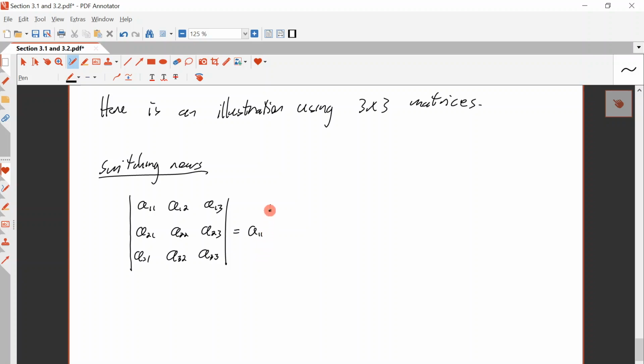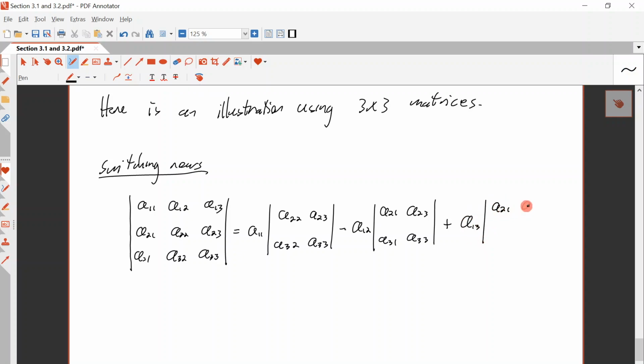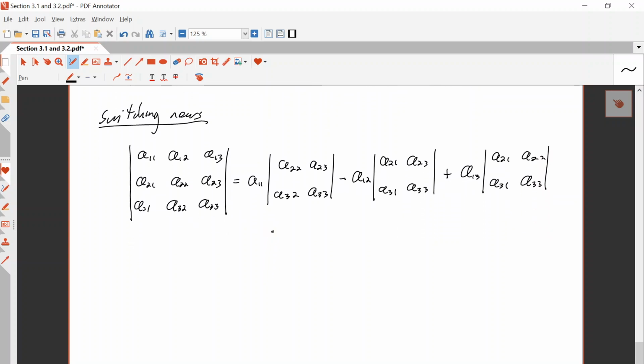So it's A11 times the 2x2 determinant A22, A23, A32, A33, minus A12 times the 2x2 determinant A21, A23, A31, A33, plus A13 times A21, A22, A31, A33. So let's switch rows 1 and row 2.